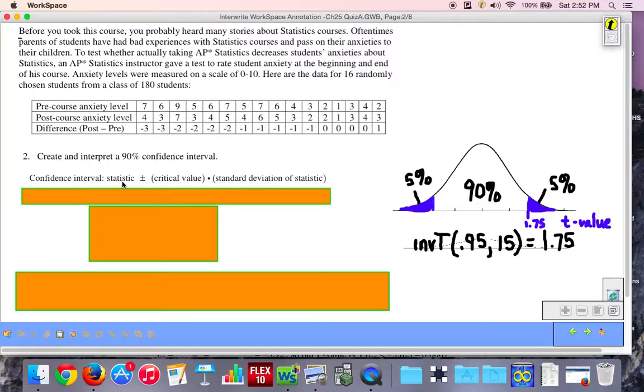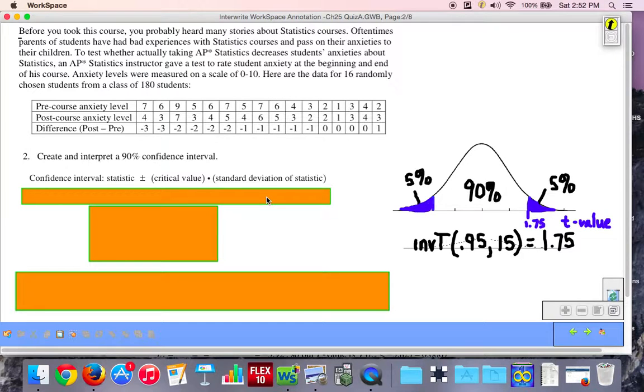Well, we already found the statistic in prompt 1. We know our mean of the differences was -1.125. We just found the critical value over here, 1.75. And we also found the standard deviation of the statistic, which was 0.287. So we're going to plug it in.